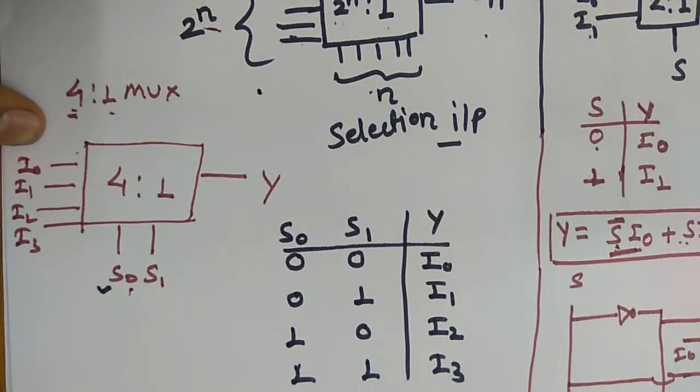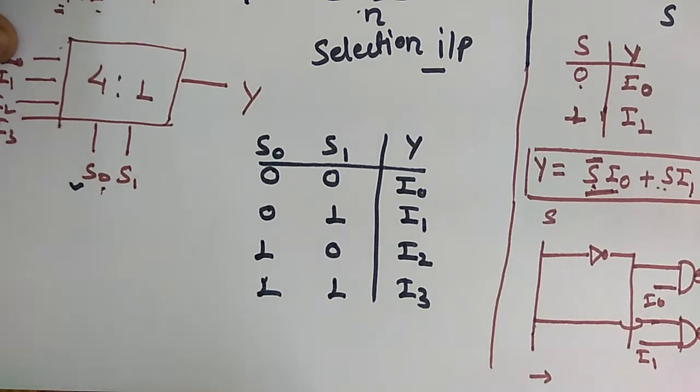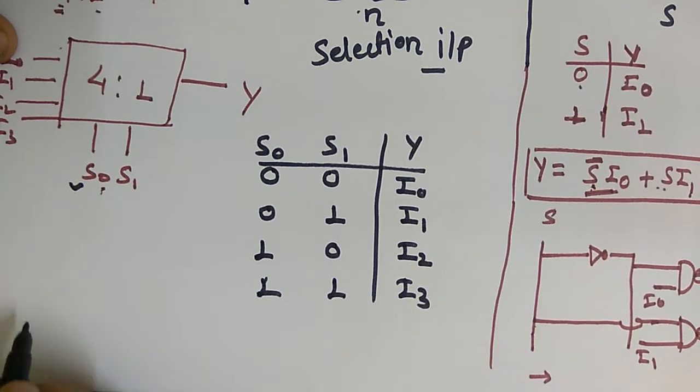So this will be the truth table for the 4:1 mux. Now write it in the form of SOP.